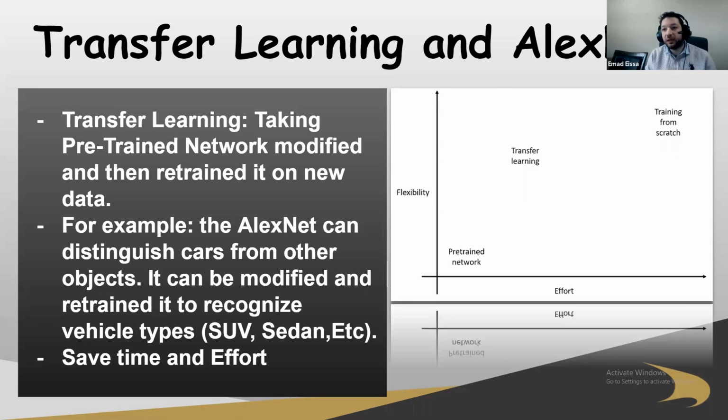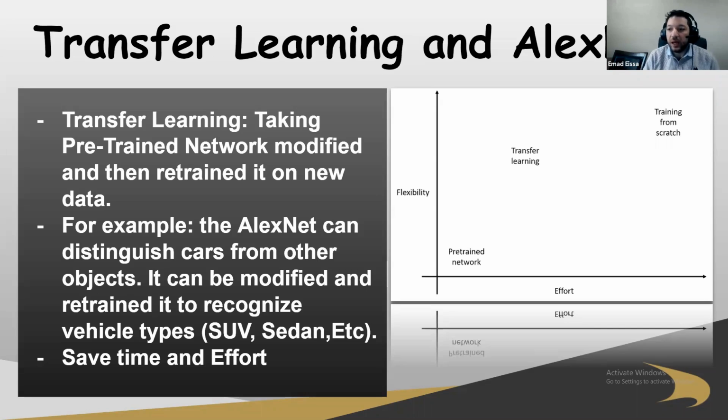We used transfer learning, which is taking a pre-trained network, modifying it, and then retraining it on new data. For example, AlexNet can recognize a car from other objects. But to get the car type, you will have to modify it and then retrain it on the new data.